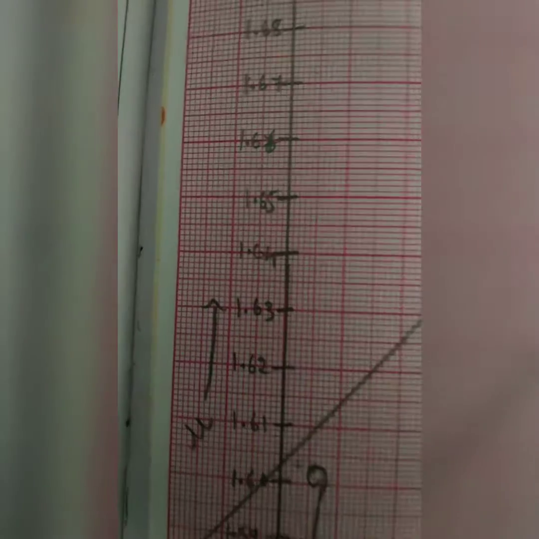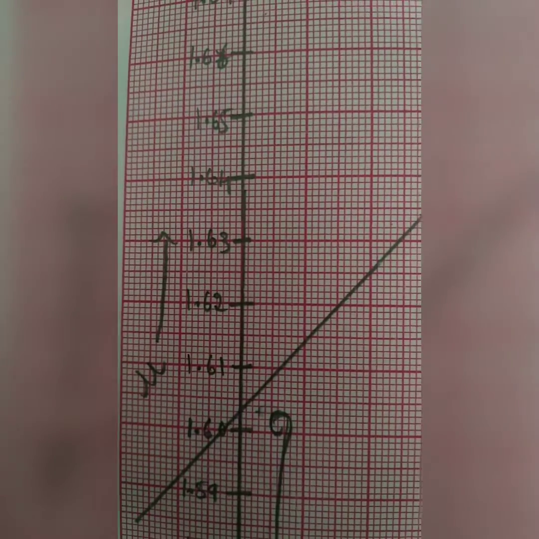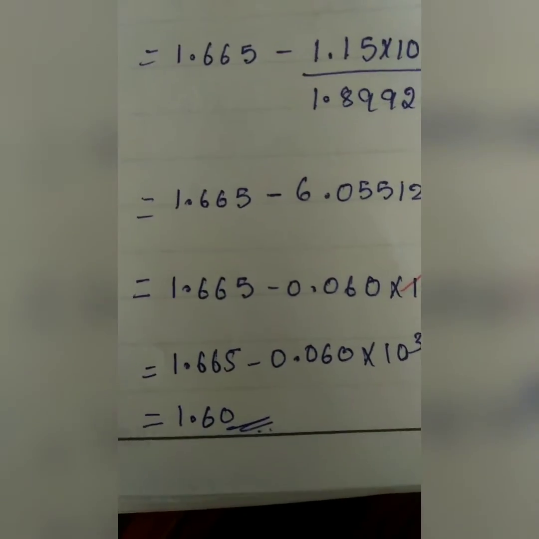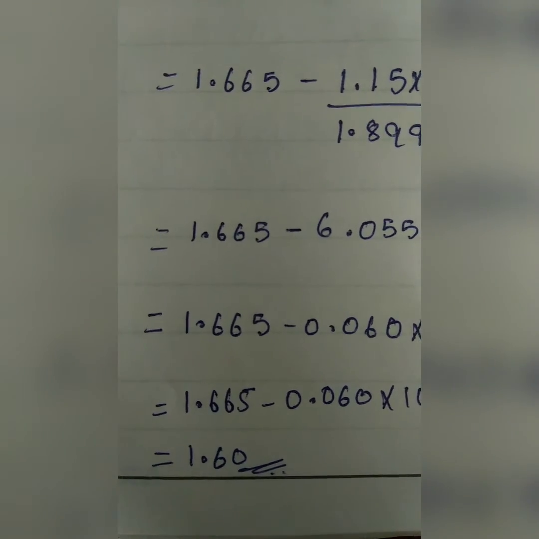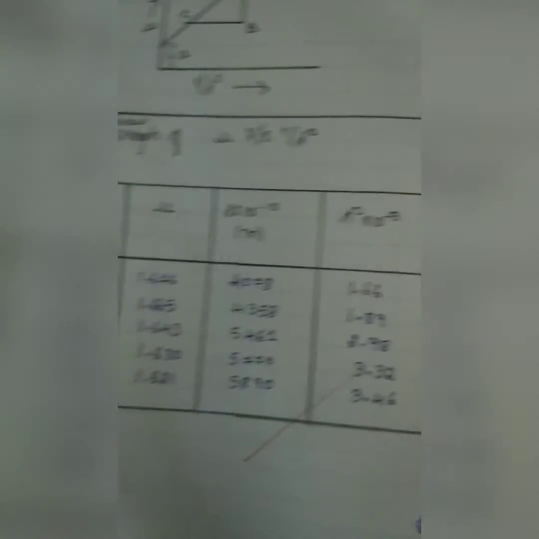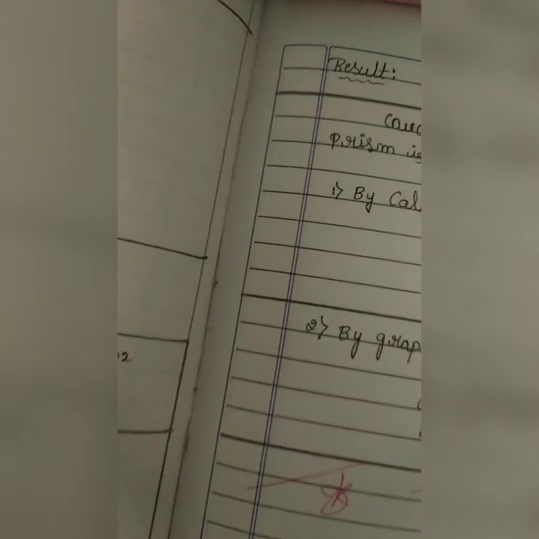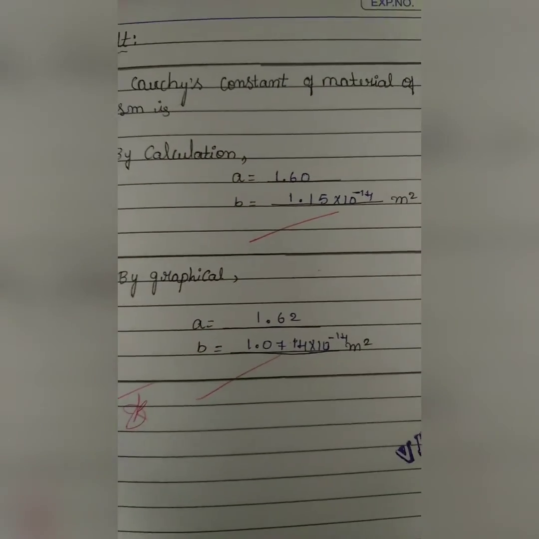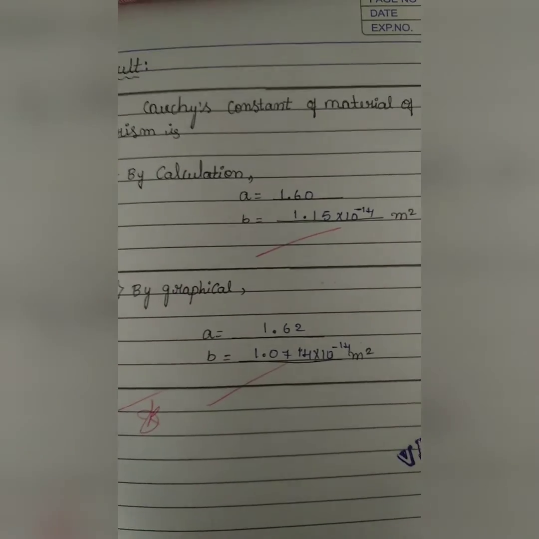The graph meets the y-axis at the point 1.603, and the theoretical value is 1.60. Hence the values obtained must be equal from the calculation method and the graphical method. Okay, thank you.